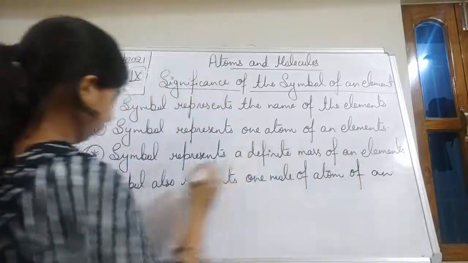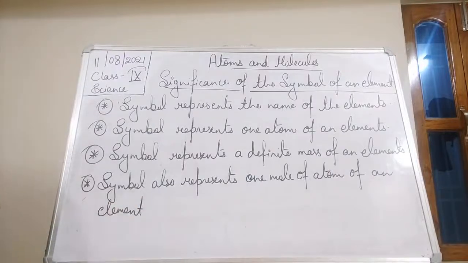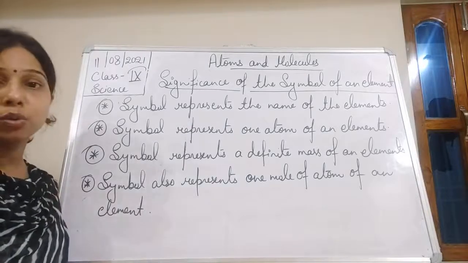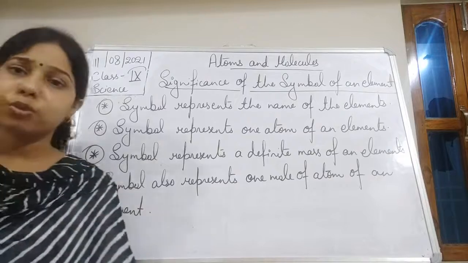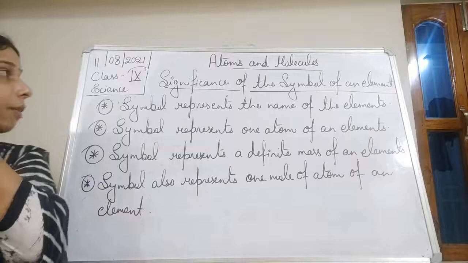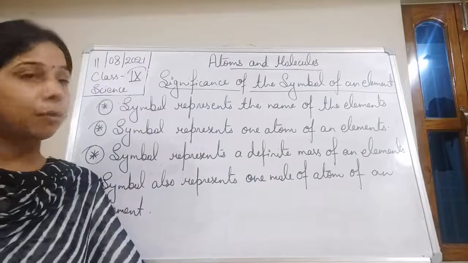That is, it represents 6.022 × 10^23 atoms of the element, which we will discuss later on. That is Avogadro's number. Till then, we must know the significance of the symbol of the element. The first one: it represents the name of the element.